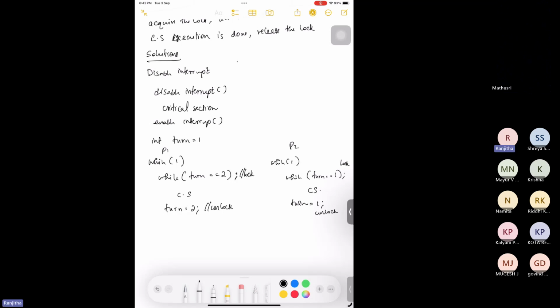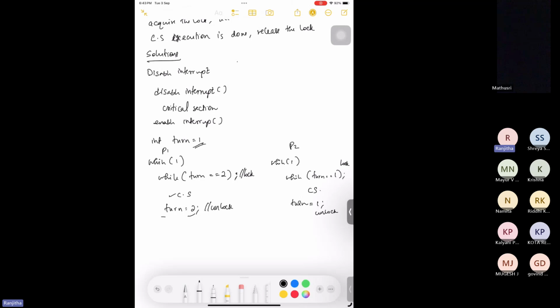So when P1 comes, it sees that initially turn is equal to 1. Before entering the critical section, while turn is equal to 2, it has to wait. But turn is 1, so it executes the critical section and sets turn to 2. Now when P2 starts executing, it sees that while turn equals 1 it has to wait, but now the value of turn is 2.